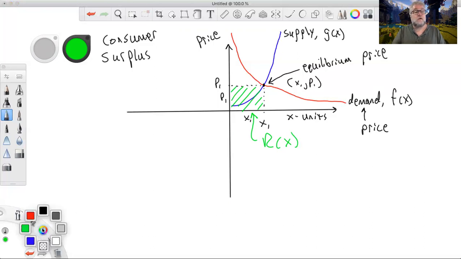But how can I change to another color? I guess we'll do gray, see if gray works. This area here is the area where you have a lot of customers.